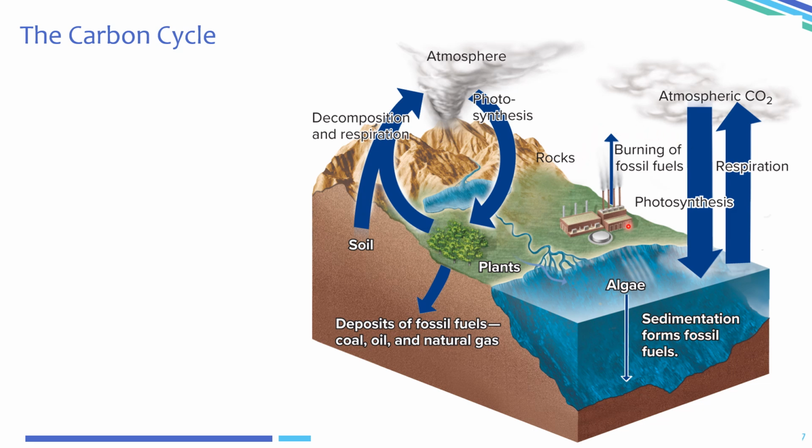This is not just factories. This is gasoline, so burning it in your car, and a whole variety of other industrial processes that release carbon dioxide and other sources of carbon, such as methane. Methane, which is not specifically shown here, is released in a variety of ways as well.